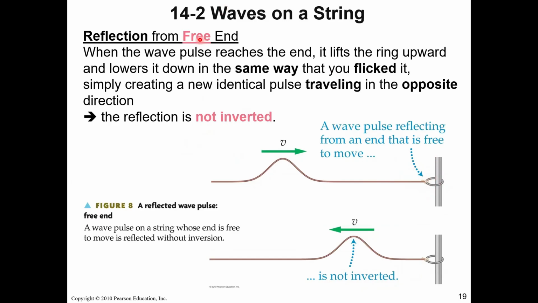When the wave pulse reaches the end, it can still exert a force onto this ring, but the ring can move freely. The wave moves to here and gives a force to the ring, and the ring can move up, and then it can also fall down.